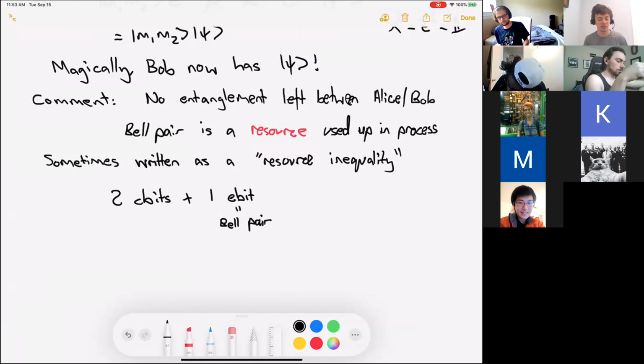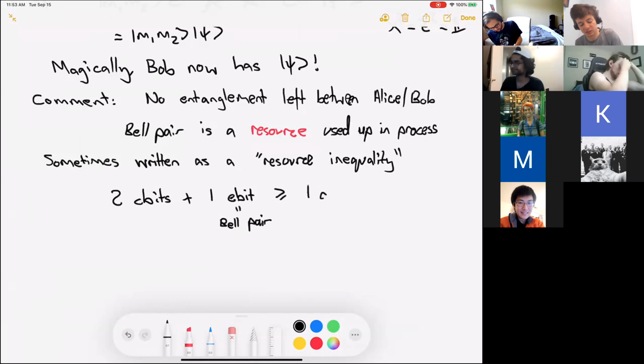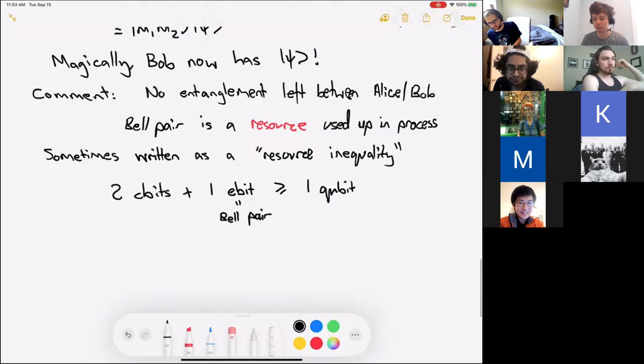But by using these two resources, we were able to send one qubit from Alice to Bob. So the greater than or equal sign means that you can use the first set of resources to achieve the second set of resources. Is that clear to people?